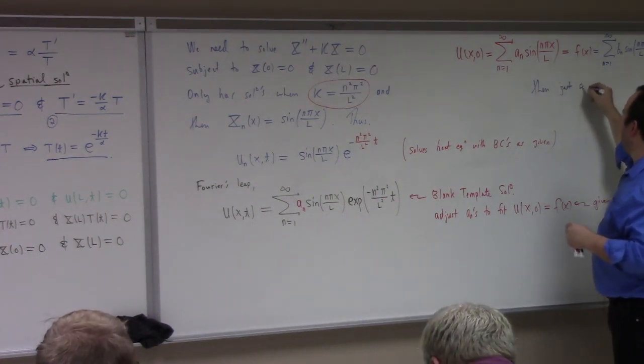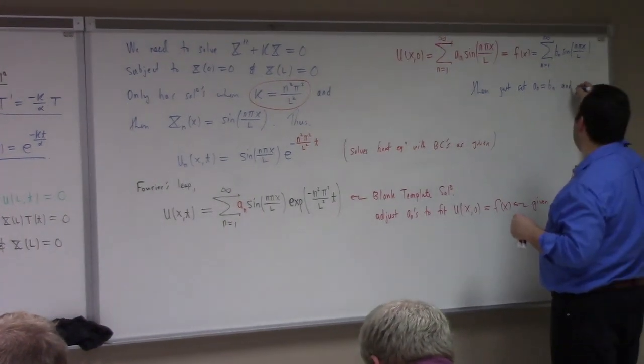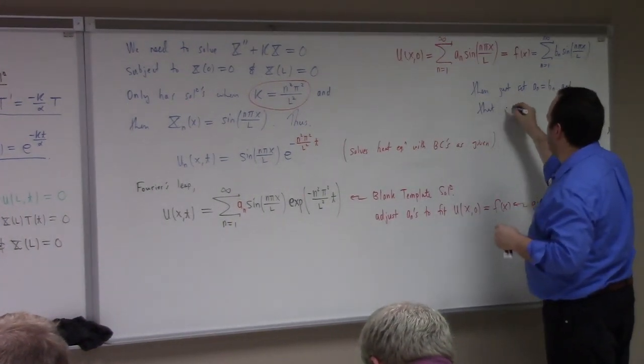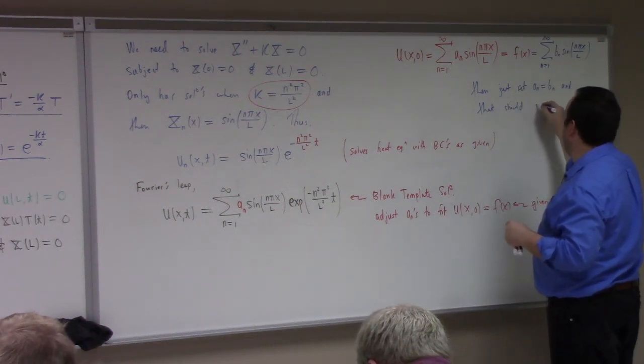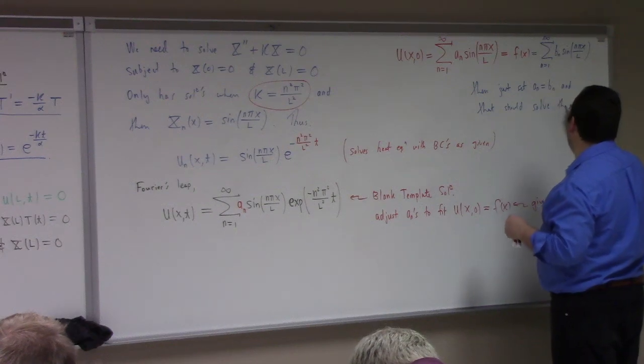Just set a sub n equal to b sub n, and that ought to do it. Should solve the problem. All right?